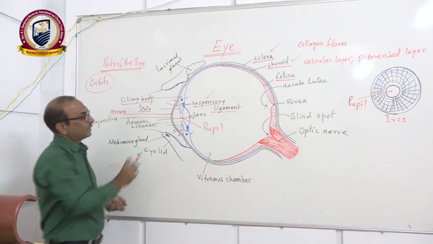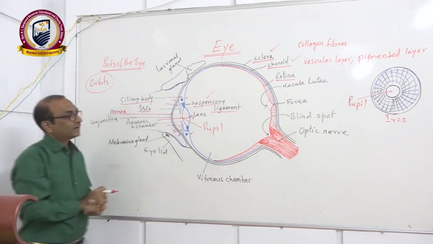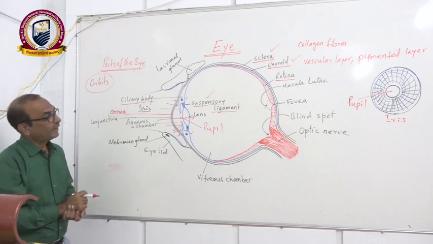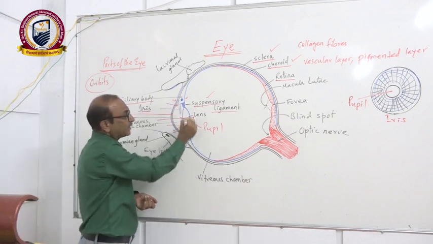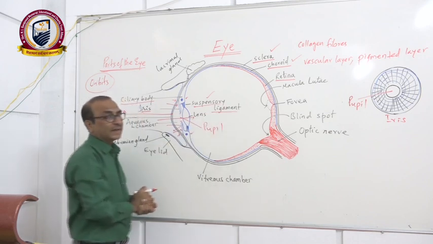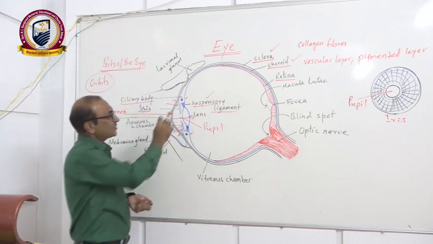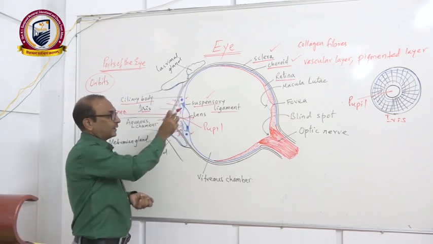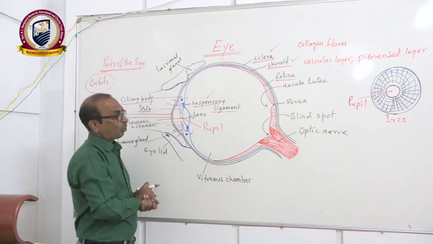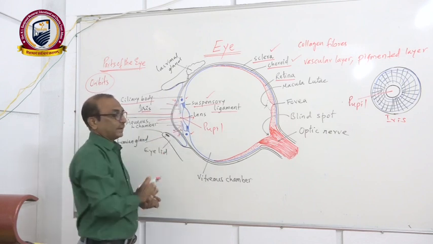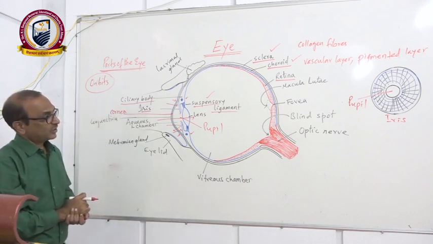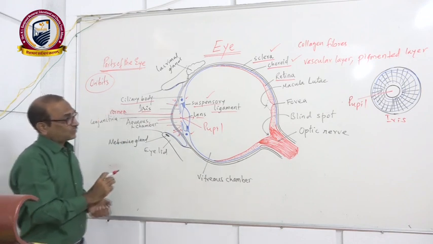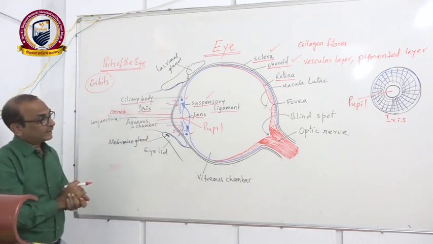This ciliary body is a muscular tissue containing circular muscles, connected to the lens by suspensory ligaments. The suspensory ligaments and the ciliary body are important for focusing the image, changing the shape and thickness of the lens. That's called accommodation of the lens. We'll come back to it later on.